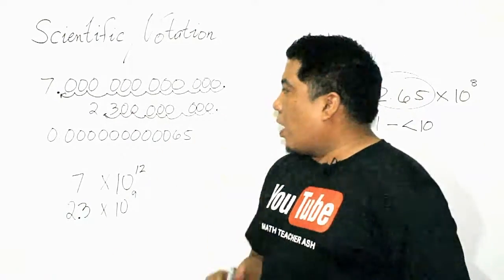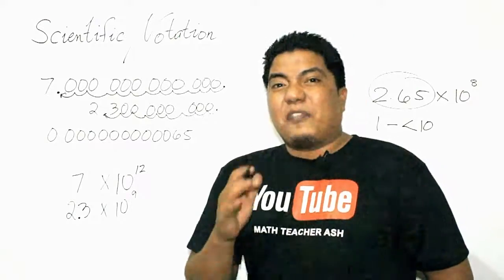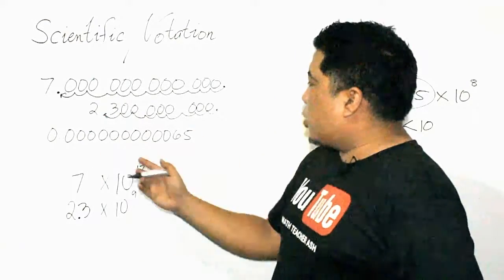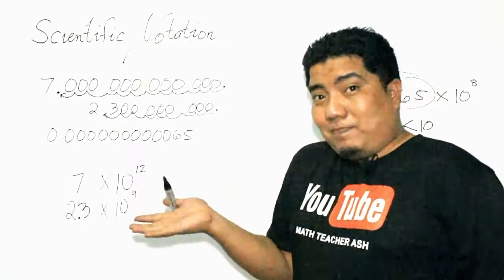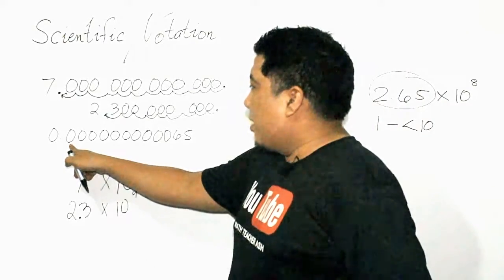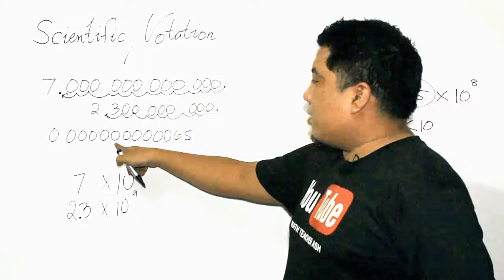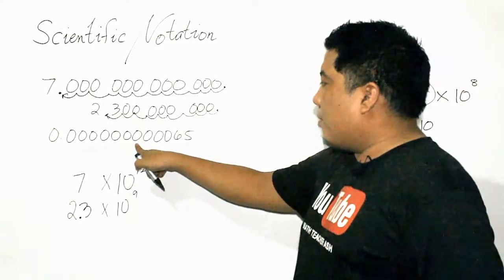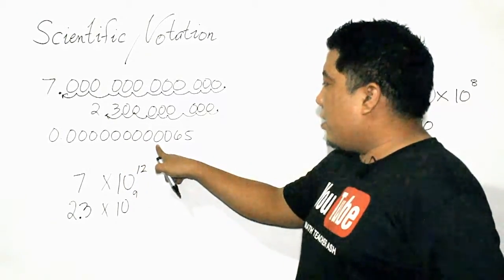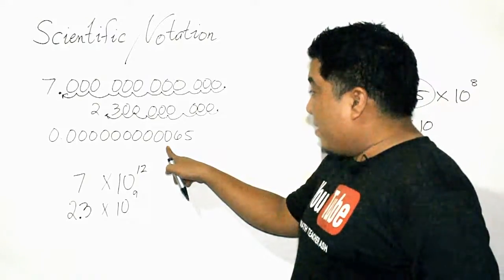Easy, right? Now, how about if we are considering a very small number? So how do we read this one? So this is 65. Let's try. That is tenths, hundreds, thousands, 10,000s, 100,000s, millions, 10 millions, 100 millions, billions.